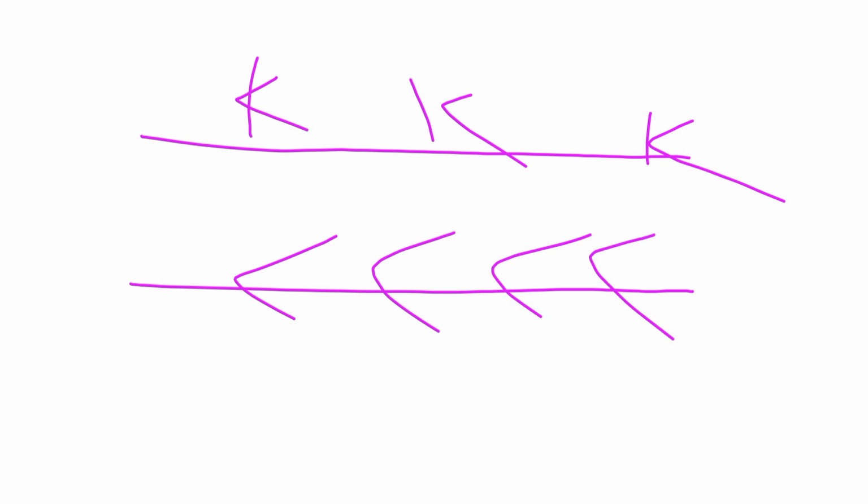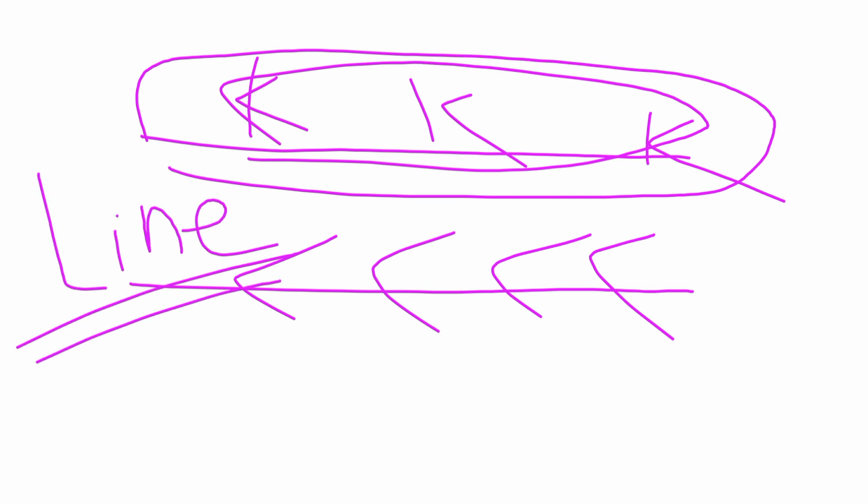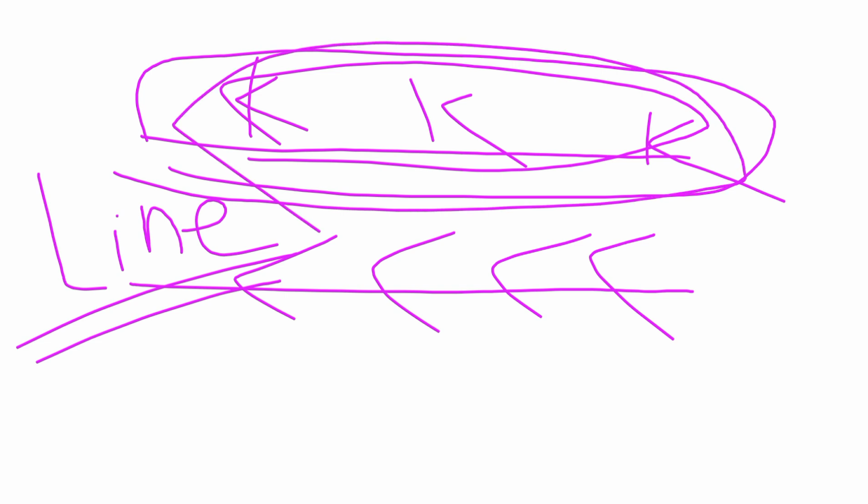There is a line drawn here. I can say that this point is K, the other point is K, and the final point here is K. Or I can say all the points on the line can be Ks in this case. If a line is drawn through the points K, this is the locus of a line.